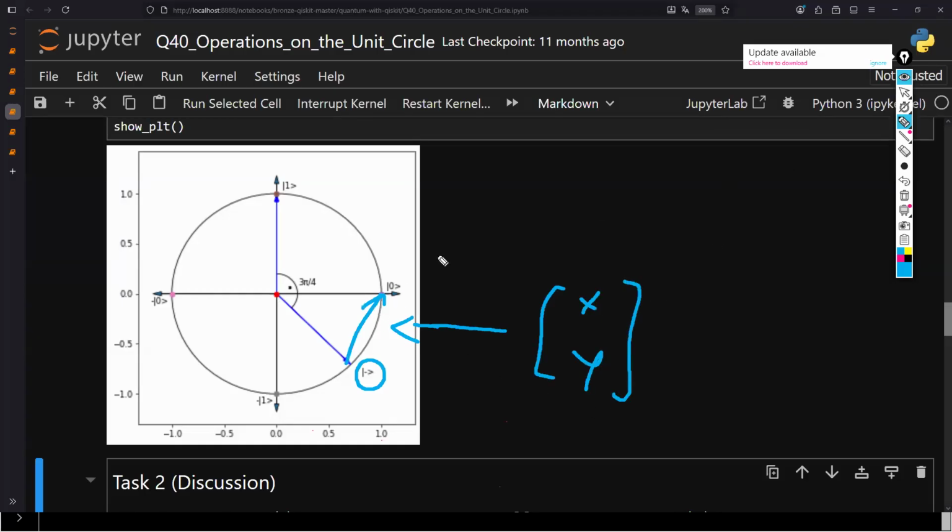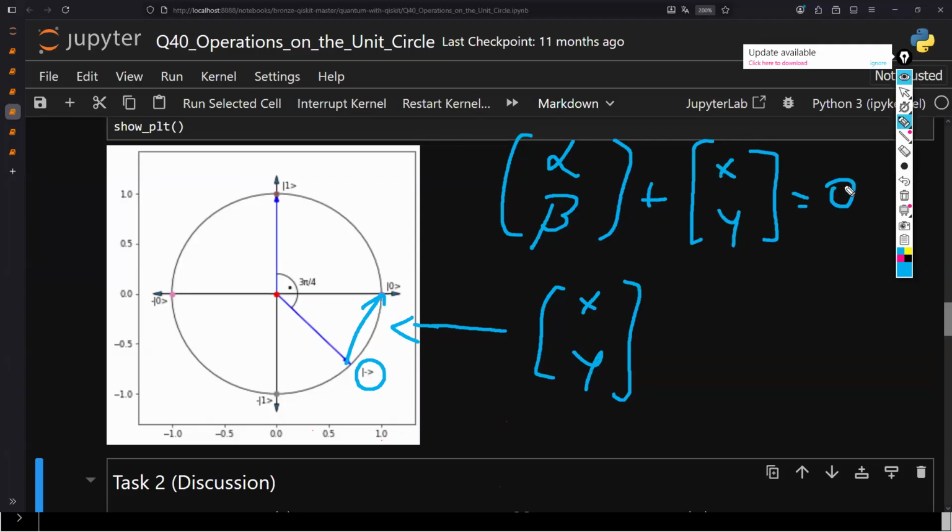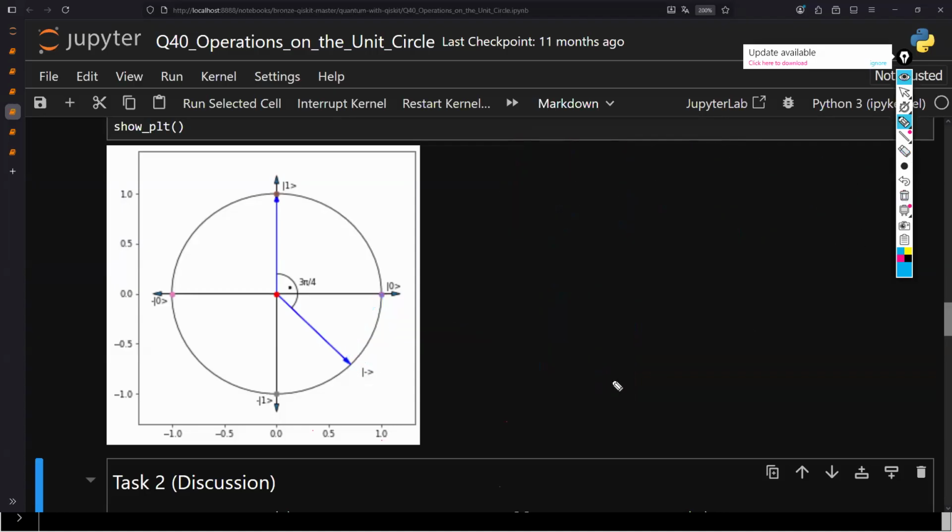Where would we land? Also on the unit circle. So why wouldn't we just say alpha, beta plus x, y equals 0? Why wouldn't we just do this? Well, the reason is very simple. We would like to have a repeatable operation. And once we define a gate as a matrix that has a representation like the Hadamard gate, we could very easily apply it over and over.